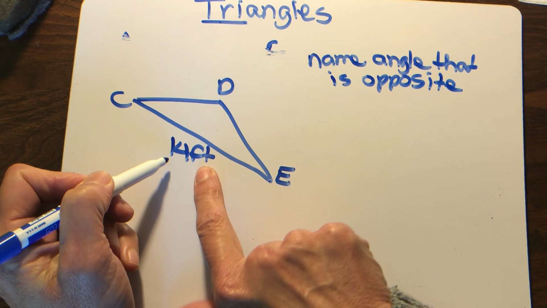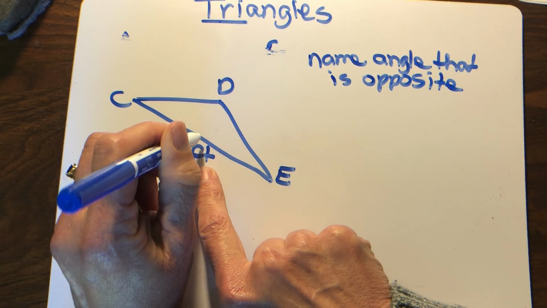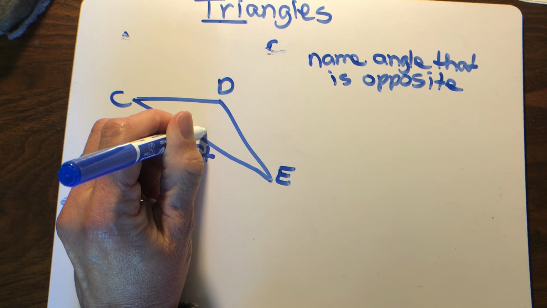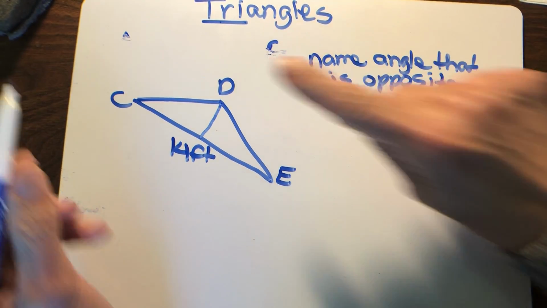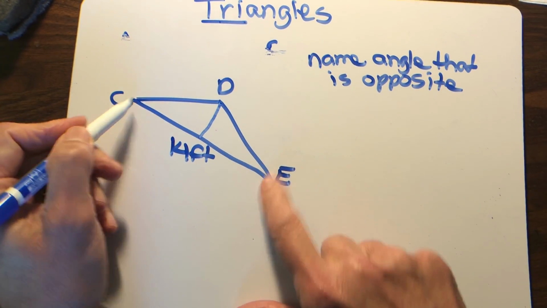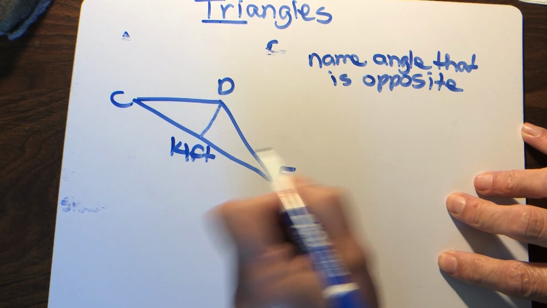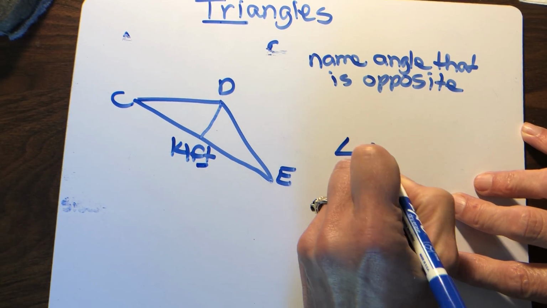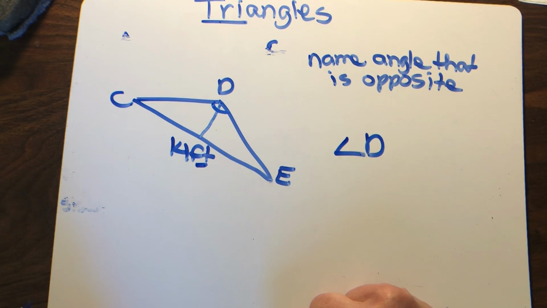So this is my measured side, 14 feet. What is the angle that's opposite to that? So I'll put my pencil kind of in the center and I do a mental rewind of that bottle rocket. And where is it going to land? It's going to land right there. Now remember, we're shifting from sides to angles, and that gets a little bit confusing. So 14 feet is a length, that's the side, but angle D would be measured in degrees, and we would be looking at the inside part of that triangle.